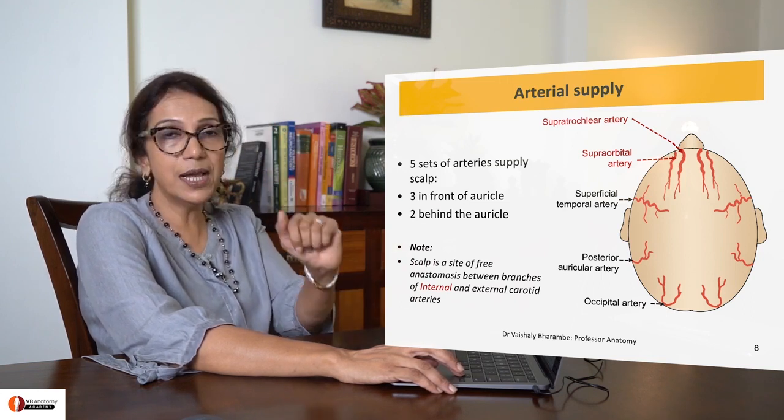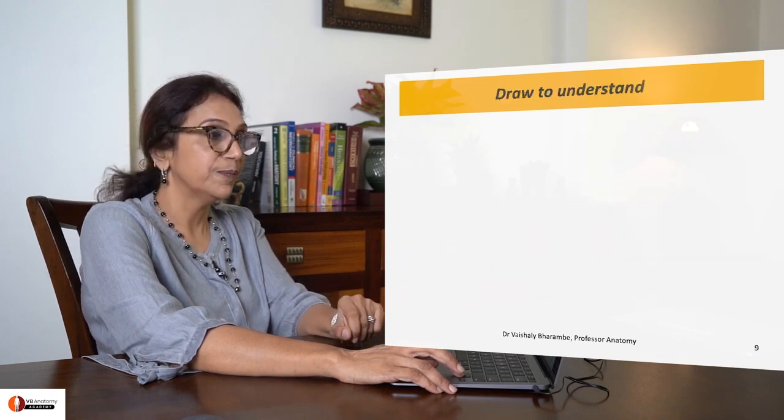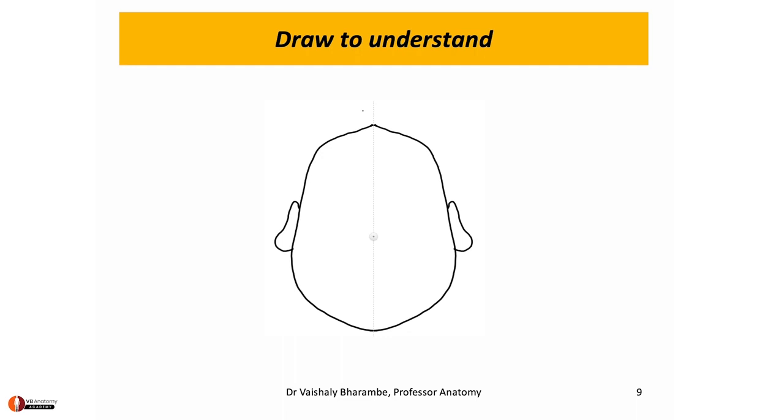Alright, so get your color pencils and drawing books out and let's begin our diagram. Alright, dear students, let's begin by drawing the skull first. Okay, so draw this skull, draw the auricle on the side here, draw the nose in the front here. So you're kind of oriented.